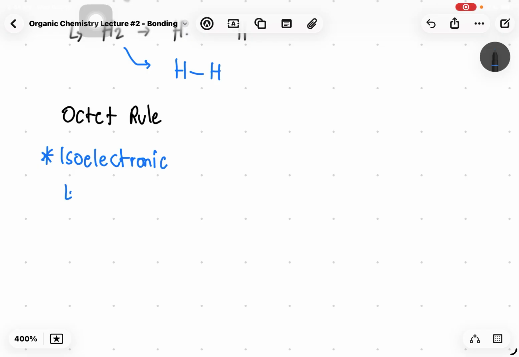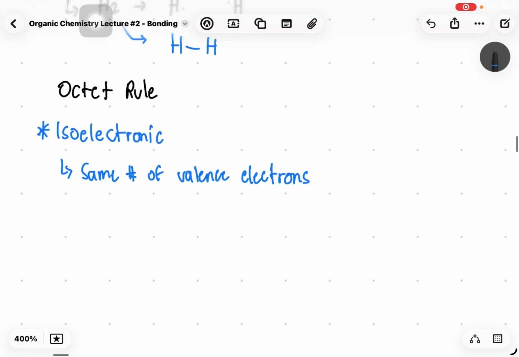It means it has the same number of valence electrons as, let's say, the nearest noble gas in the same period.